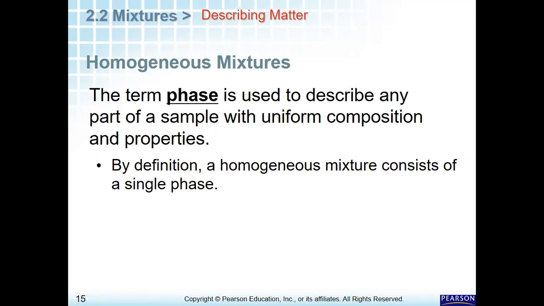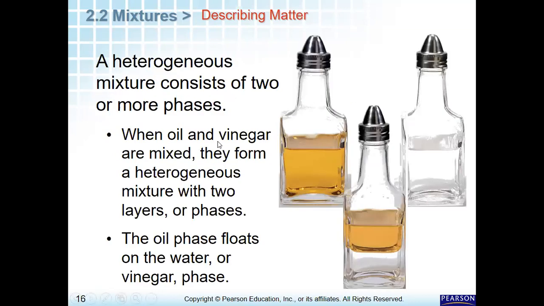So the term phase is used to describe any part of a sample with a uniform composition and properties. By definition, a homogeneous mixture consists of a single phase. So you can see one phase for it, whether it is a gas phase for a gas solution, a liquid phase for a liquid solution, or a solid phase for a solid solution.